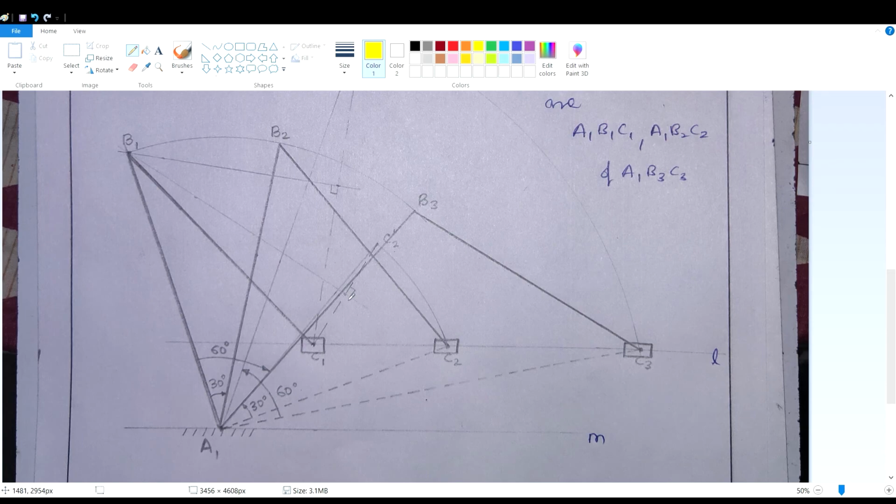So let's start. Here we will take a fixed point named A. This is A1, so this is the fixed point. Let's take the slider displacement.